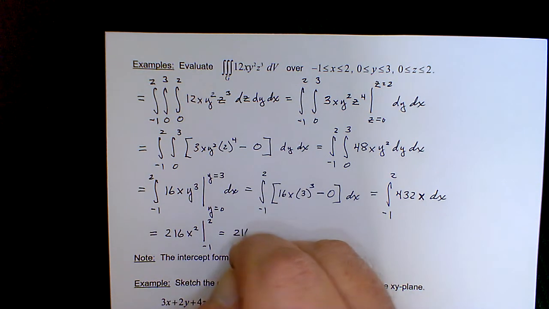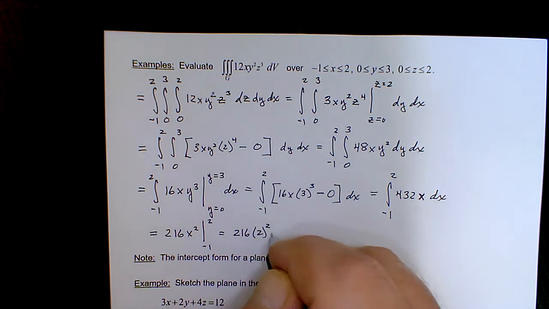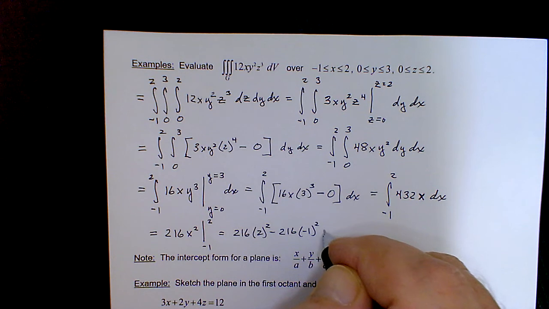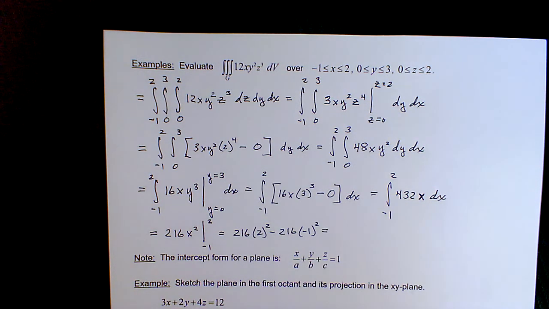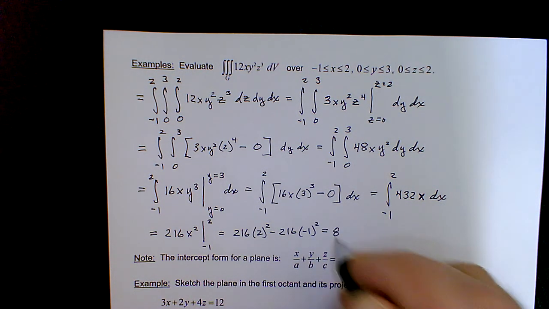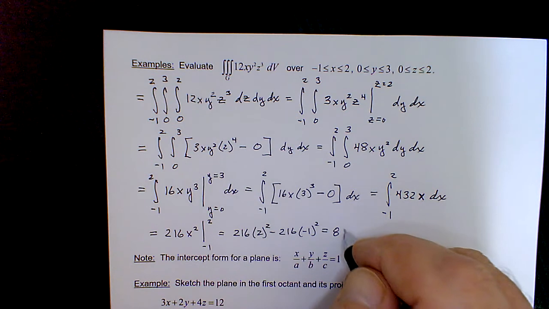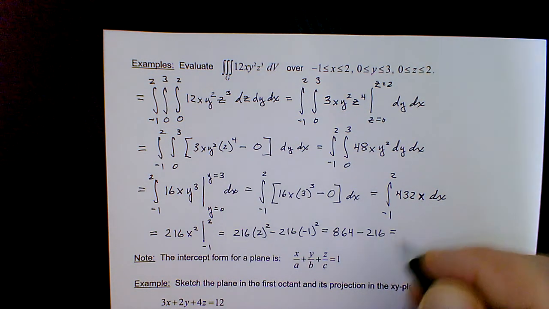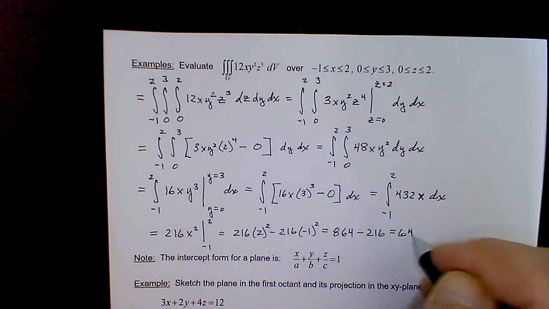So then upper limit 216 times 2 squared minus 216 times -1 squared. So we get, probably want to use your calculator, but you can check my arithmetic here, 864 minus 216 is 648.